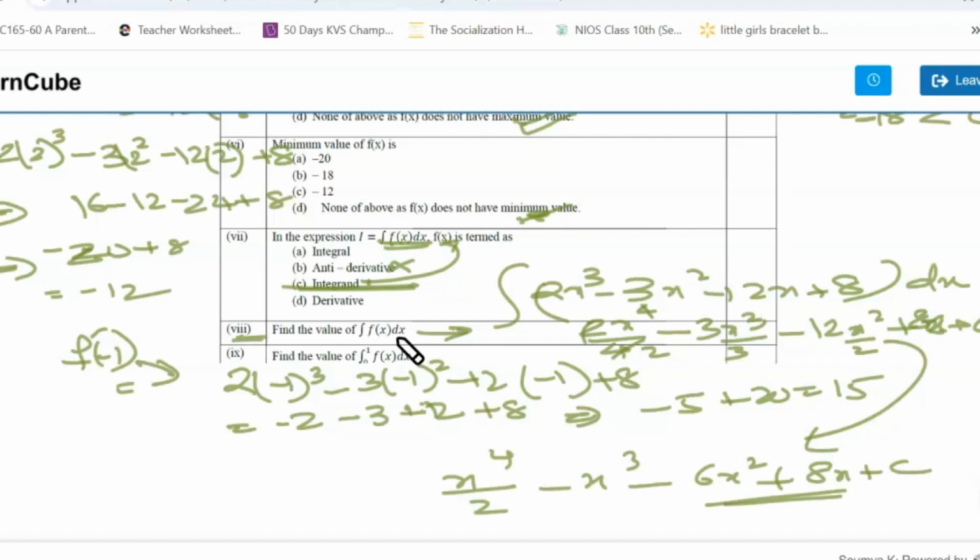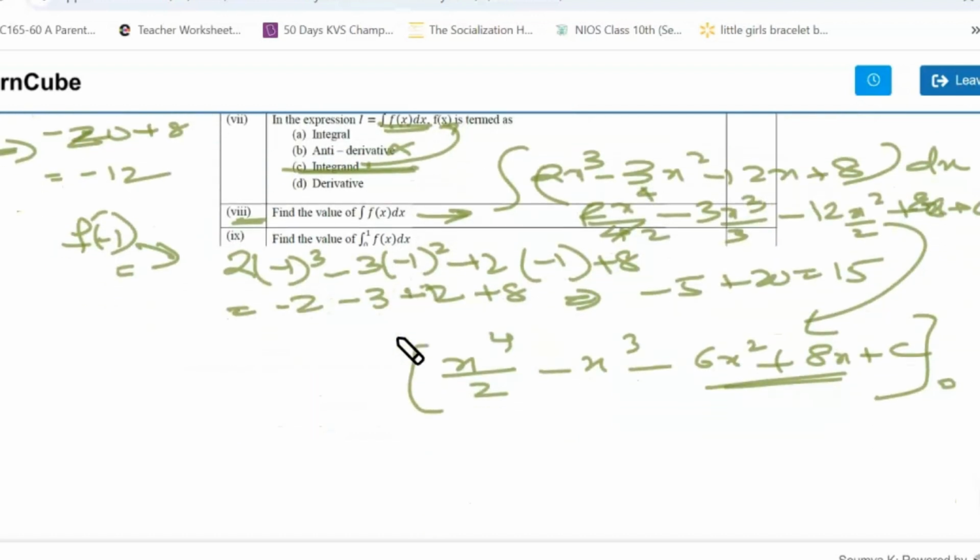9th question, the same thing, apply 1 and 0. Only apply 1, because other terms will convert to 0. You can do it, but it will be 0.